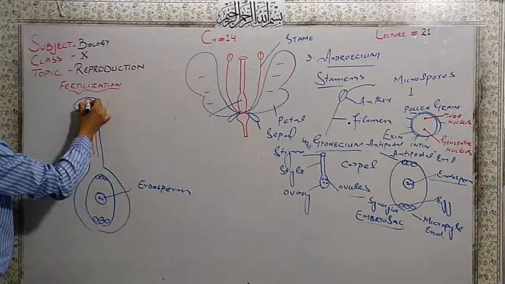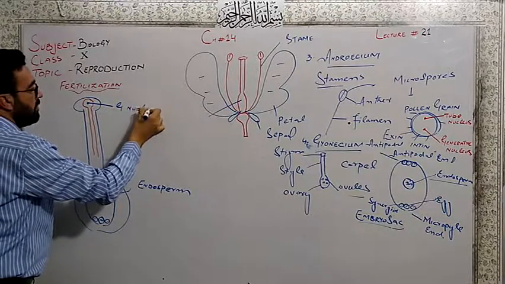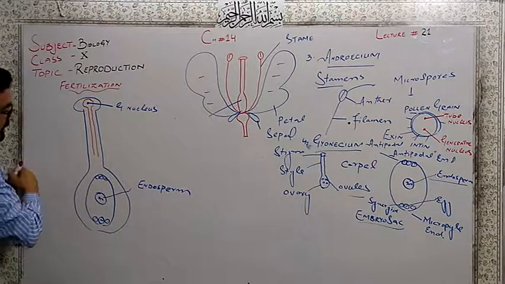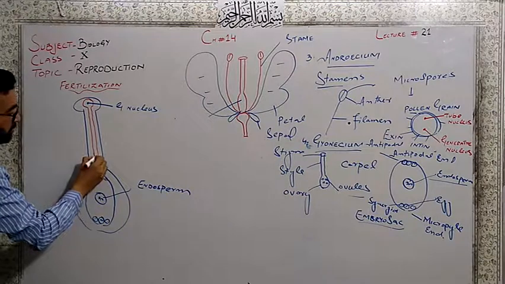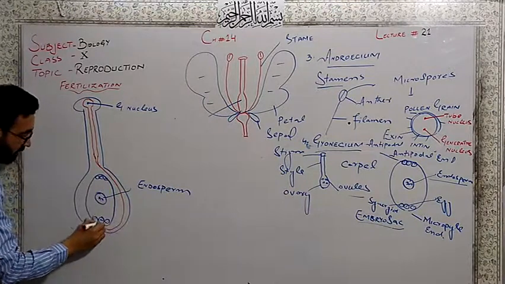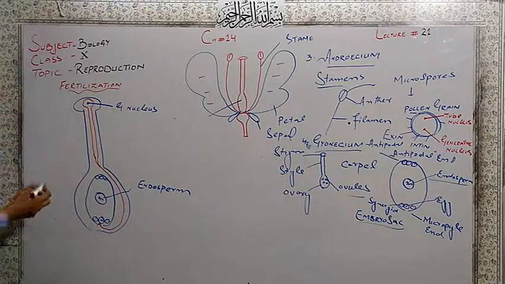Now the generative nucleus, or G nucleus, will start traveling and enter the embryo sac, not on the top, but here, because here we have the micropyle opening.